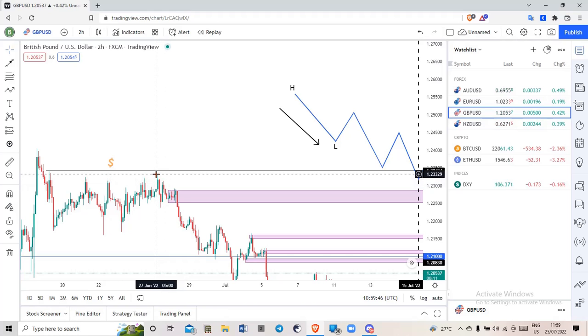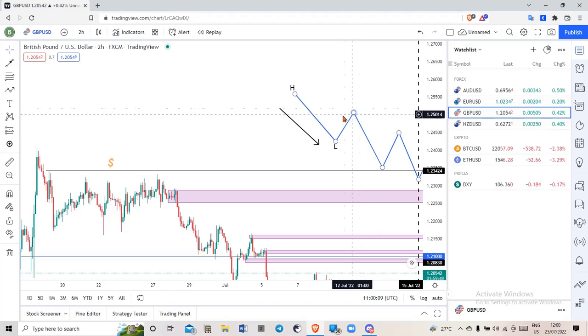So if this is the high and this is the low, this is high but it's not as high as this, so we can call this one a lower high. Are you getting it? I can hear you say, yes, I'm getting it. We can call this a lower high.